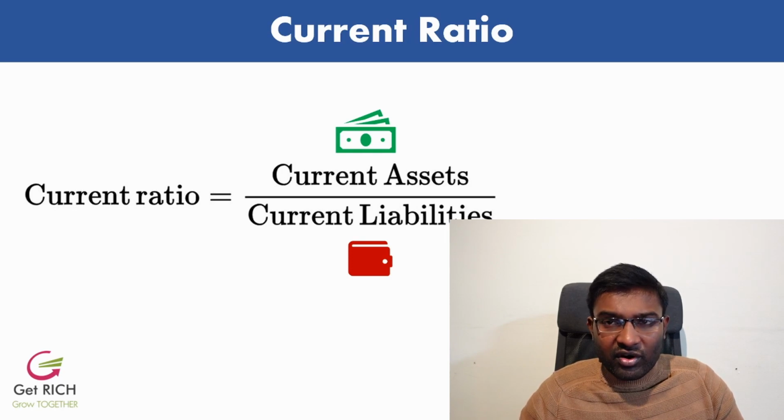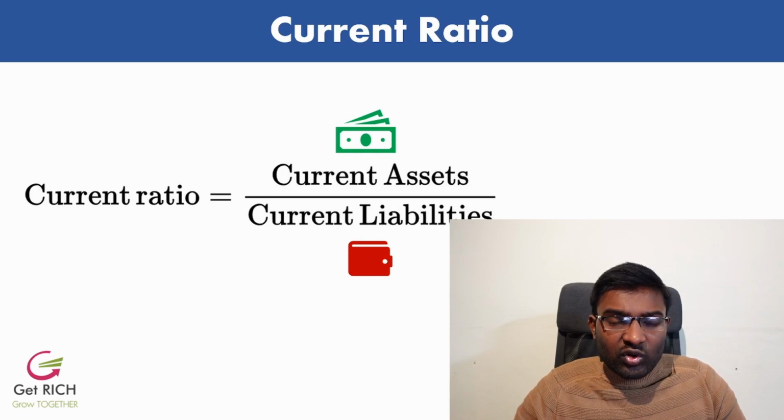It can be vendors or it can be anyone. So that's their ability to repay the money within 1 year. If the current ratio is more than 1, it's really good, because if it's less than 1, that's a problem.